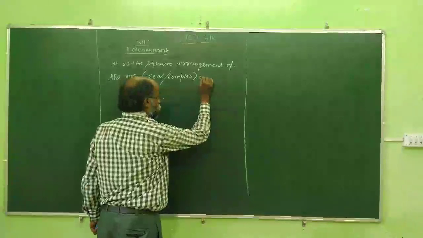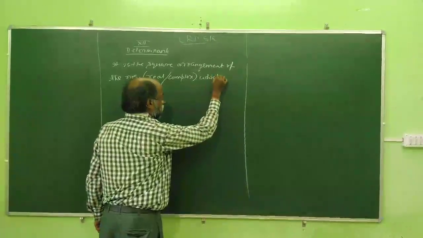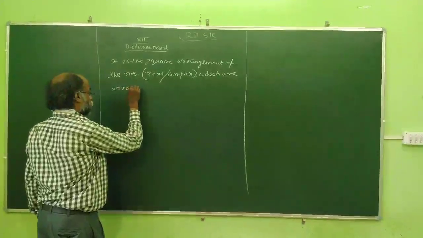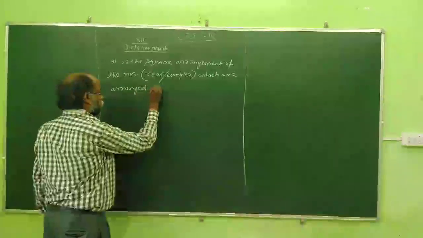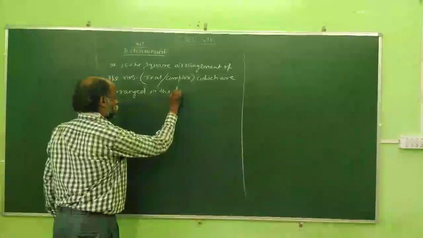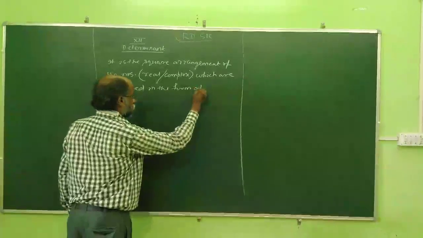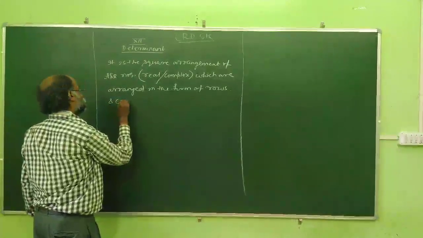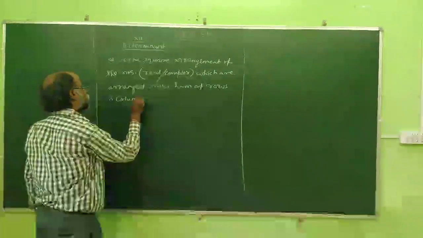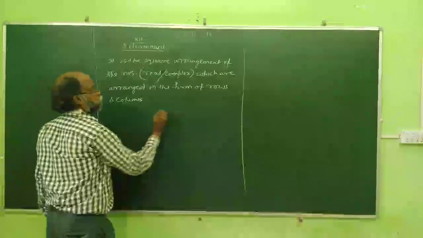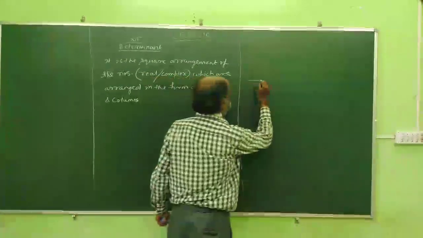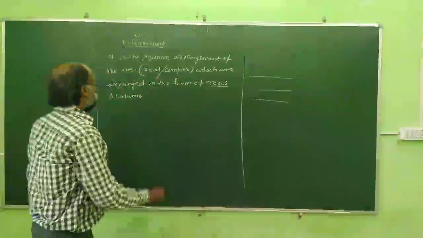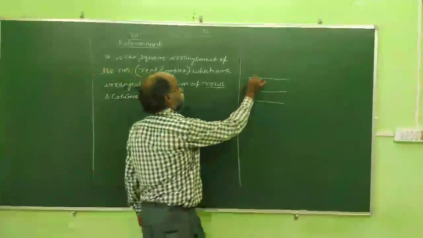Again you can add, which are arranged in the form of rows and columns. Row means horizontal lines. Okay. Columns means vertical lines.